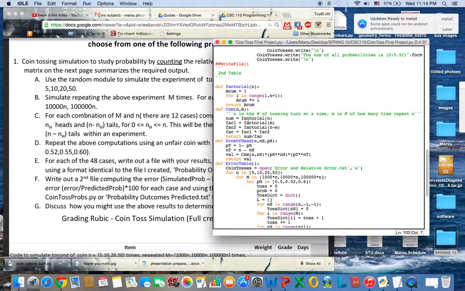And num is factorial N. So fact 1 is factorial of M, and fact 2 is factorial of N minus M. So the factorial is fact 1 multiplied with fact 2.